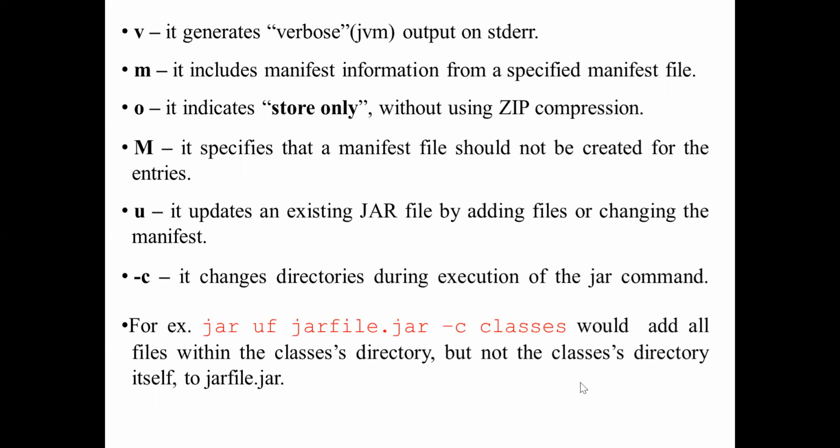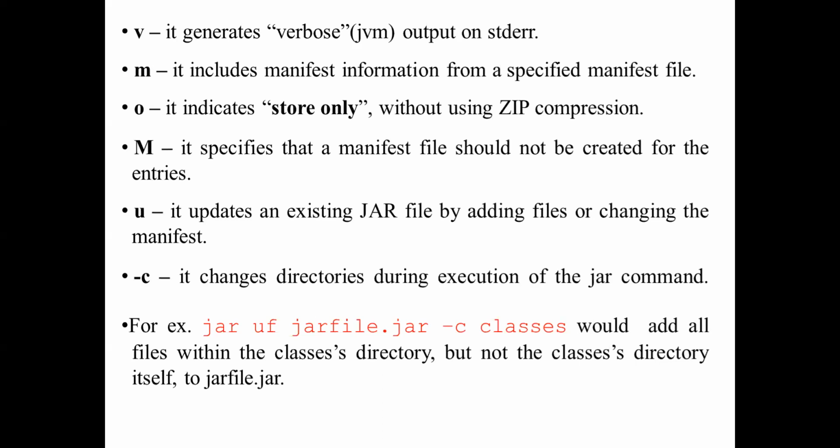And the m option indicates the manifest information from the specified manifest file, meaning information about that particular manifest file. Then o means we store only, without using zip compression.